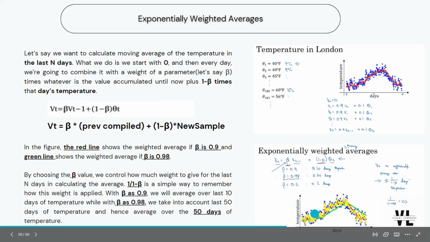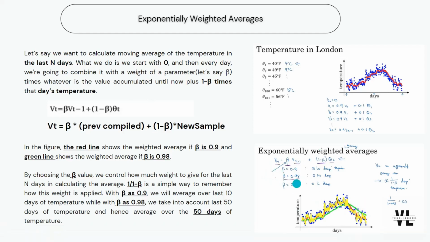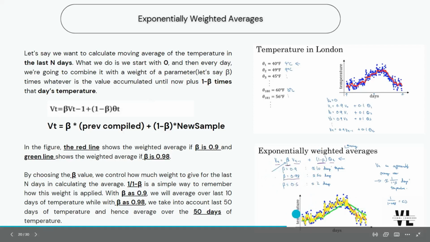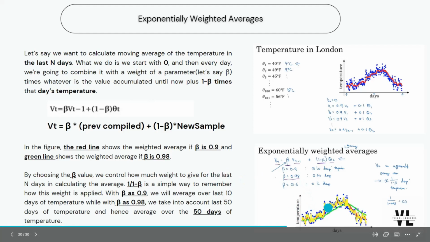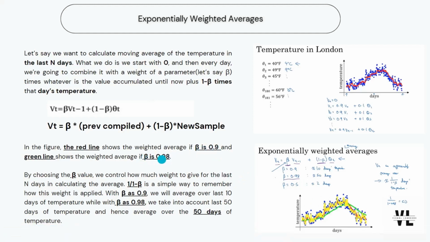That means our average is going to move a lot and it's going to be much noisier. But if we use a higher value for beta, then we're going to consider a larger window when computing the average, and it's going to be much smoother compared to the yellow line, which is the case for the red and green lines when using 0.9 and 0.98 as our values for beta.